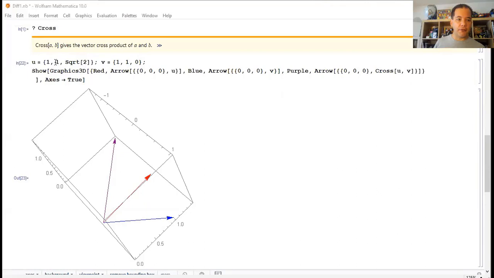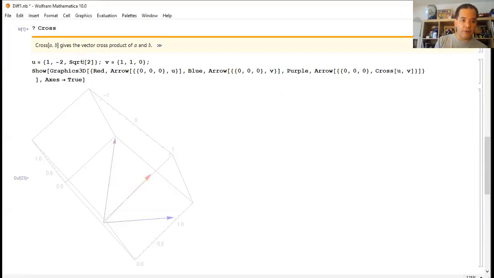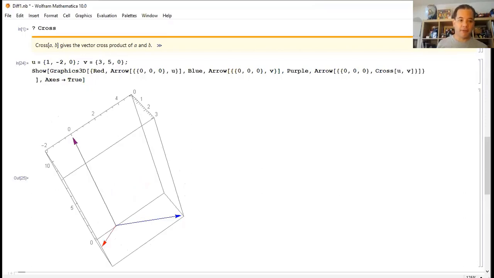One of them is going to be, say, 1, -2, 0, so that you see this guy is going to be right there on the XY plane. And the other one will be something like, let's say, 3, 5, 0. All right, so the first one will be red, the other one will be blue, and the answer will be the purple one. Okay, so here's the answer.